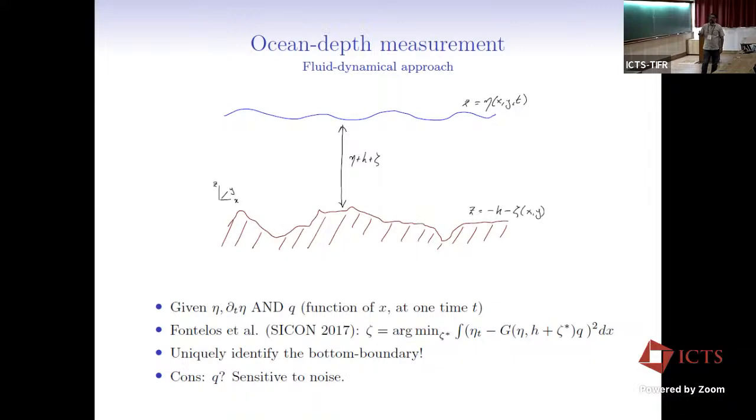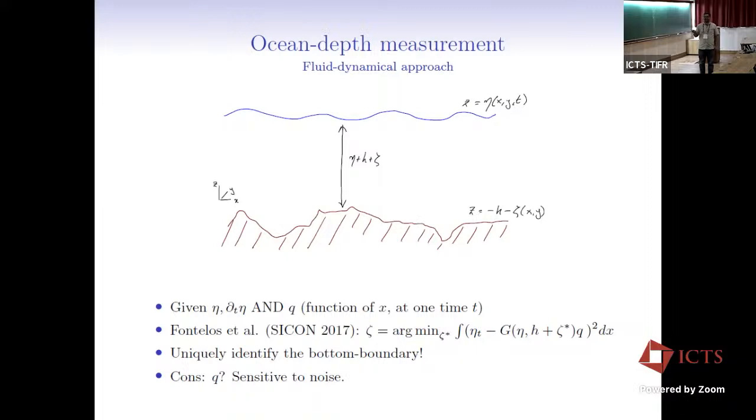The only problem, and they mention this in the paper as well, is that the minima you get is highly sensitive to noise. If you perturb eta or the Neumann condition or the Dirichlet condition, you can change zeta quite dramatically. This is well known in stability, essentially the same problem we've always seen with the Laplace equation, the Hadamard instability.